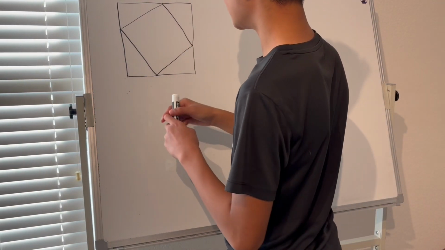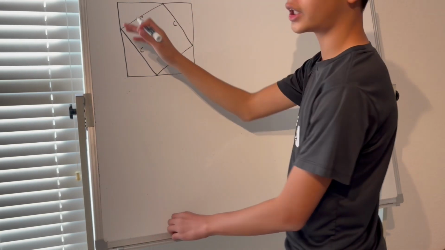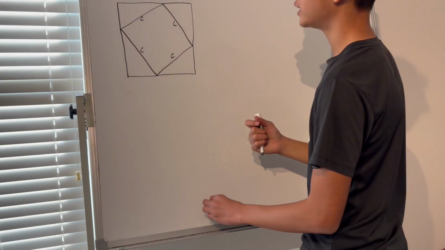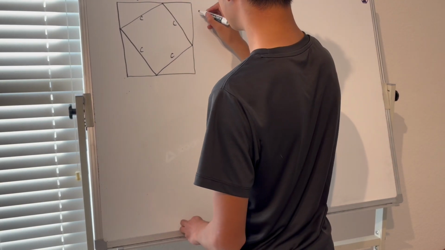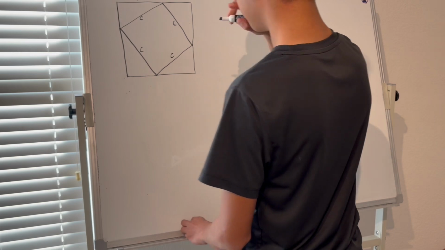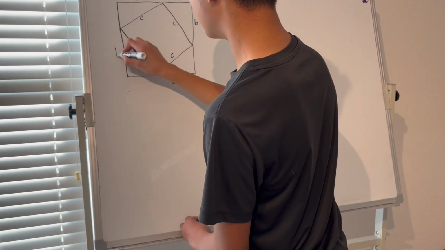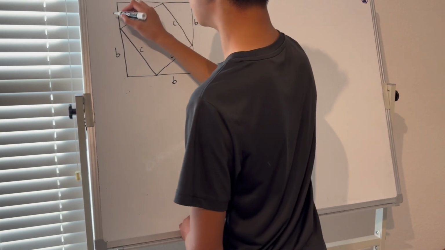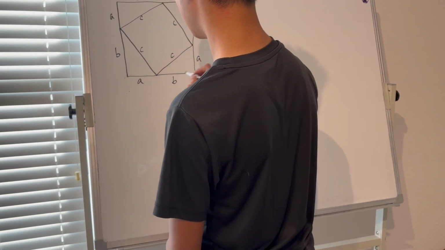So we know the longest side is C, and we know the sides of the square are also the same. Let's label this side B, because it's kind of like the base. So this is the base of a triangle, and this is just one side of a triangle, like this.